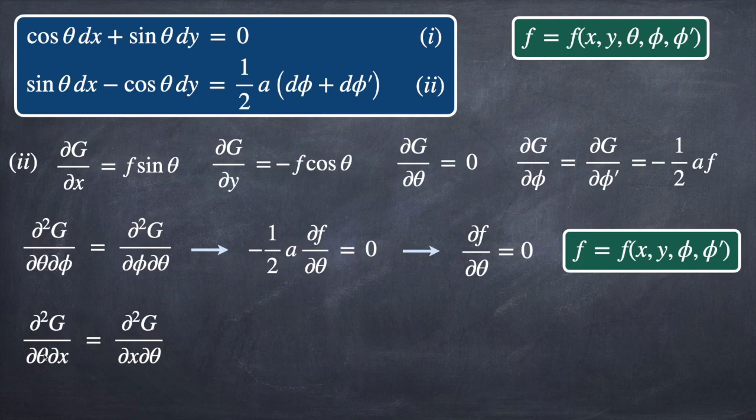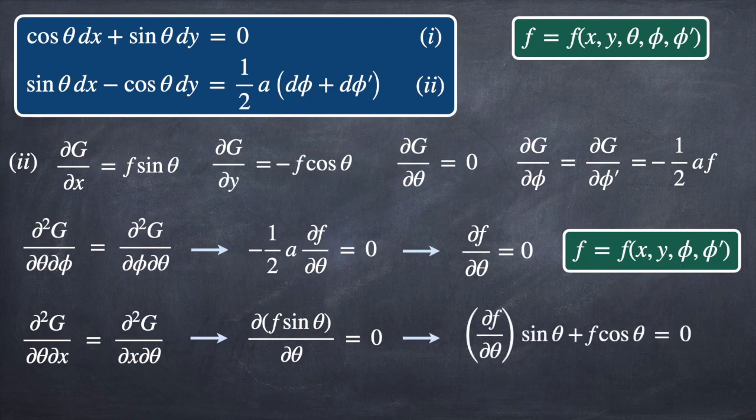If we do the partial derivatives with respect to x and theta, del g del x is f sine of theta, so we need to calculate del theta of this quantity, and del g del theta is 0, then this is equal to 0. Okay, so we just found out that this function f is not a function of theta.